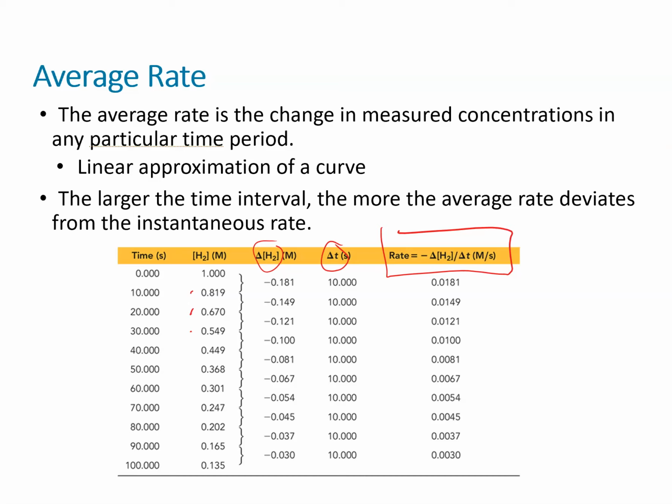And you can see that's going to be 0.0181, 0.0149, 0.0121, etc. So over each 10-second interval, as the reaction proceeds, the average rate over that interval is decreasing. These are averages, and it's decreasing continuously. If we were to look at this in even smaller intervals, like 1-second intervals, it would be laborious, but you would see an even more accurate approximation of the instantaneous rate as we shortened the interval.